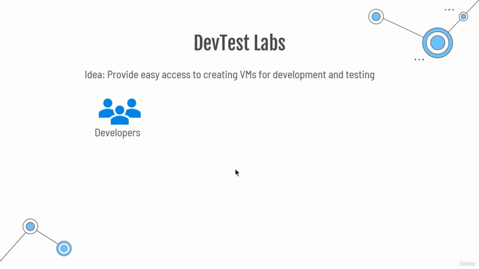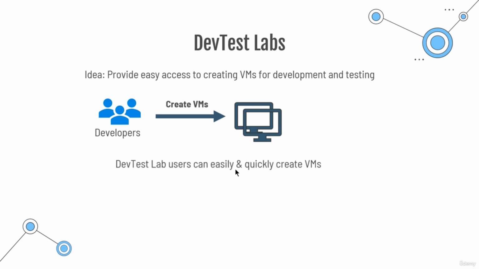So, for example, we have some developers, and of course, they need to be able in their daily work to quickly create some virtual machines, create some testing environments, and they should be able to do this in a quick manner without asking for complicated requirements and going through a very complicated process. But of course, on the other side, we also want to be able to control this in a way and also control the costs. And this is why we can use these DevTest Labs.